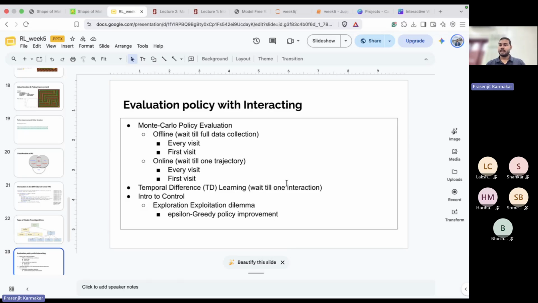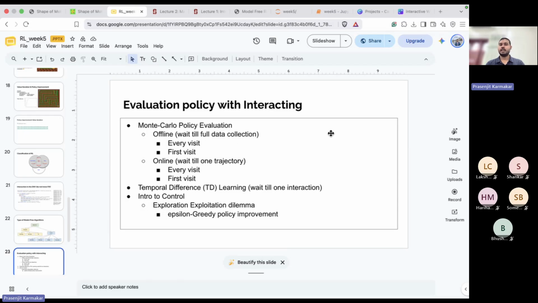So we collect data with that policy for a good amount of time, then estimate the value function. Estimating value functions means for every state you get a return, and you take an average of all the returns. That's your value function. For online, you just wait for one trajectory, and there is a small trick from offline to online: you can take a moving average of the value, which I'll show. First, let's see offline.